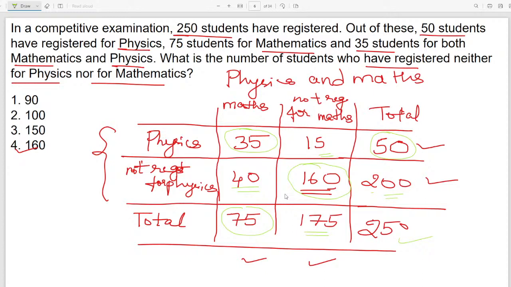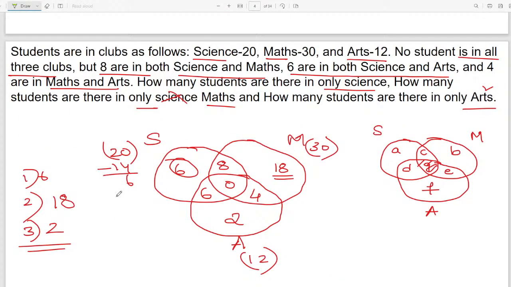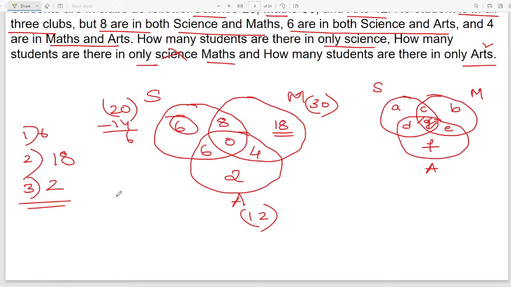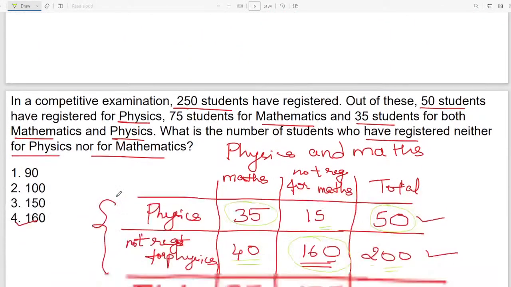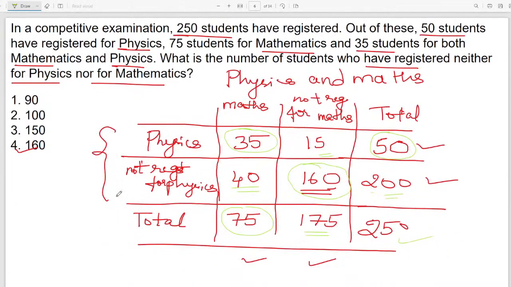Okay. If there are any doubts, please ask. Else we'll move to the problems. We'll start with solving problems, and these methods will be more clear when you are solving problems. So these are the two basic techniques used to solve these kinds of problems. If there are only two items, you use this matrix method or this chart method.